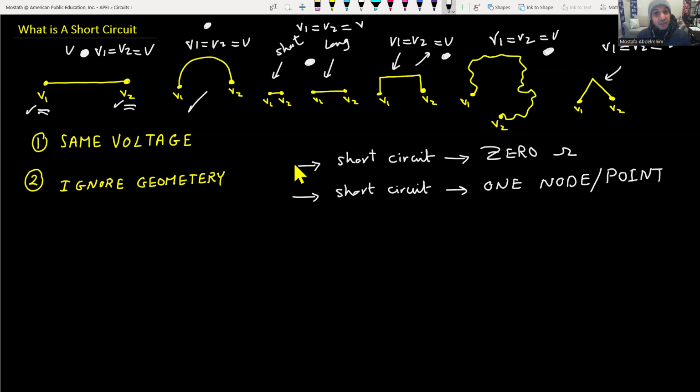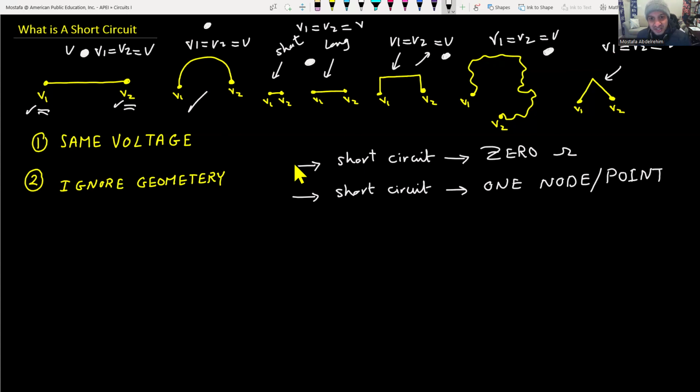So again, no geometry here. In electric circuits, geometry, like straight, or a circle, or a rectangle, doesn't count for us. What counts for us? Who is connected to who? That's it. And what is the resistance?